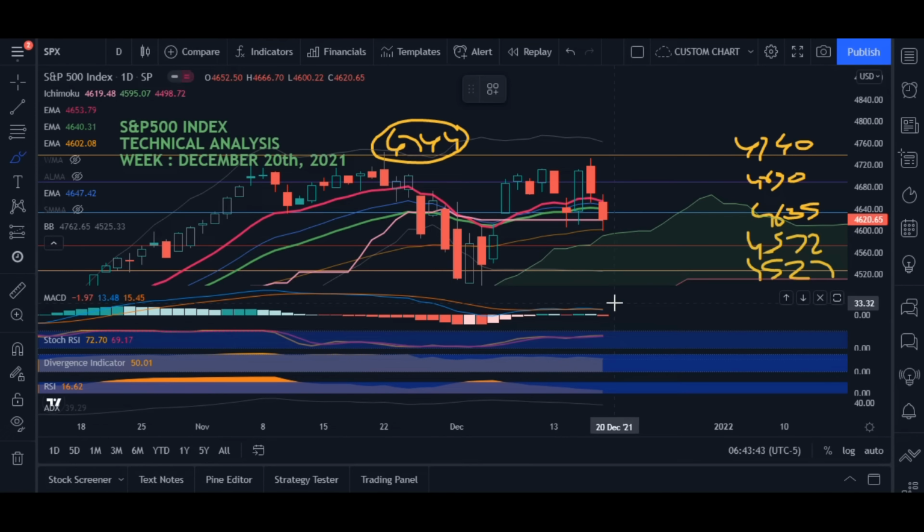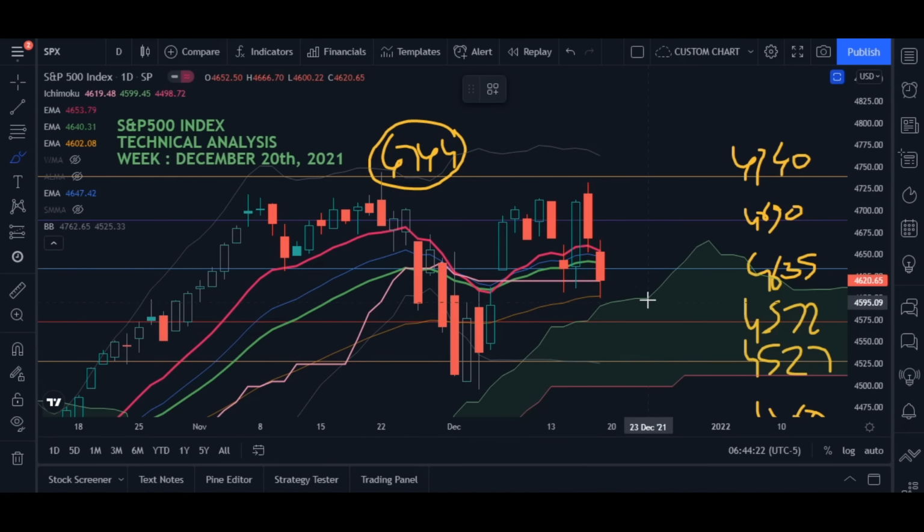It's a confusing situation because MACD, Bollinger Bands, and partially the moving averages are saying it is bearish. Again partially the moving averages, stock RSI, and the Ichimoku are saying that the market is bullish.